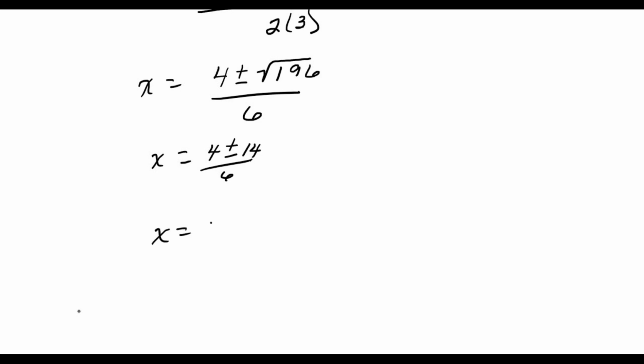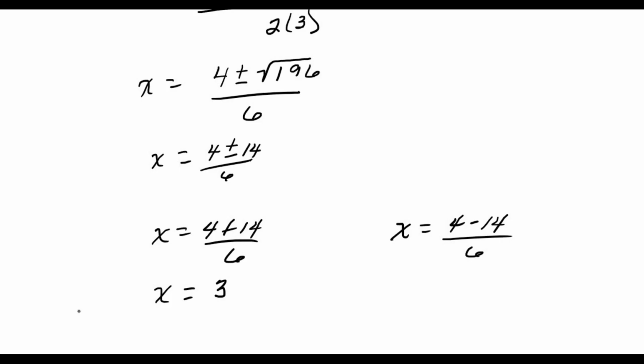Right, I have 4 plus 14 divided by 6 and 4 minus 14 divided by 6. So I have 3 for one of my solutions and -5/3 for my second solution.